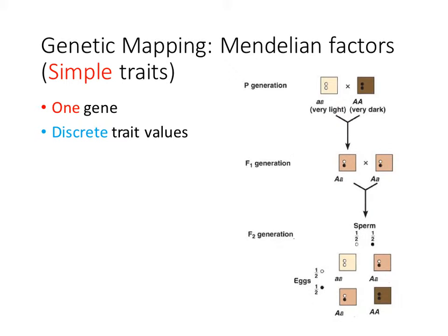When we have a simple trait, like we talked about at the start of class, if height were simple and there were only 2 alleles, this would happen. So if we were talking about pigmentation of mouse fur, for example, you might have a situation where you have a little a allele, and we're talking about one gene.